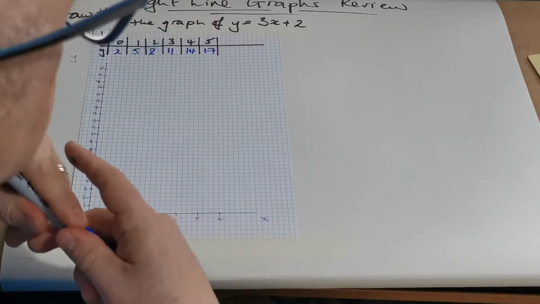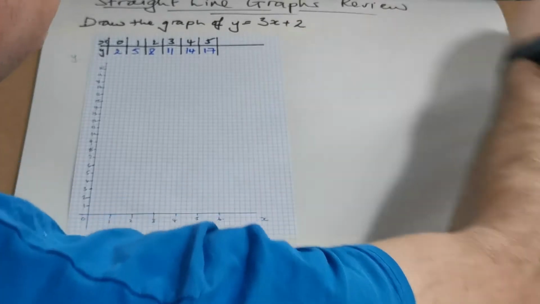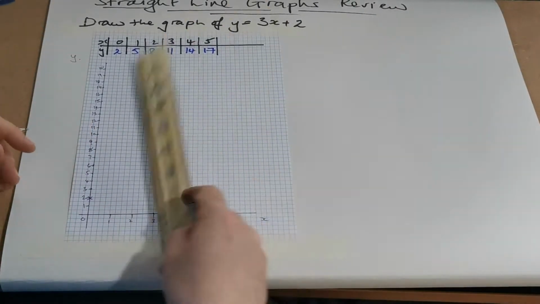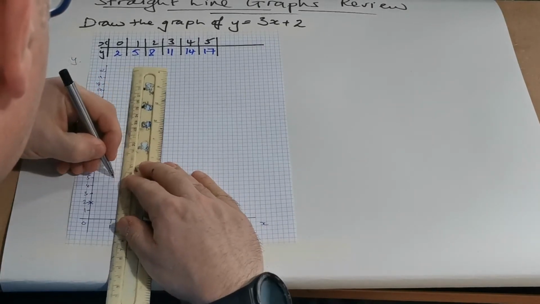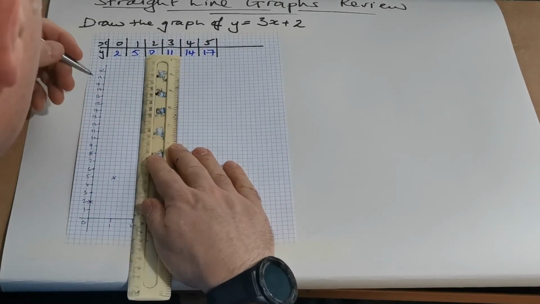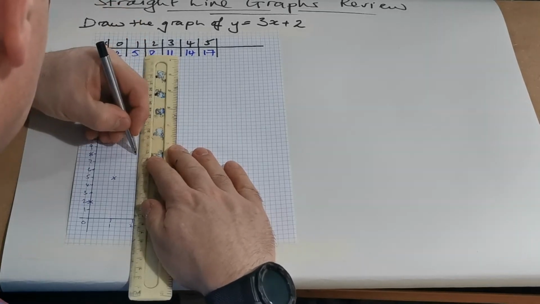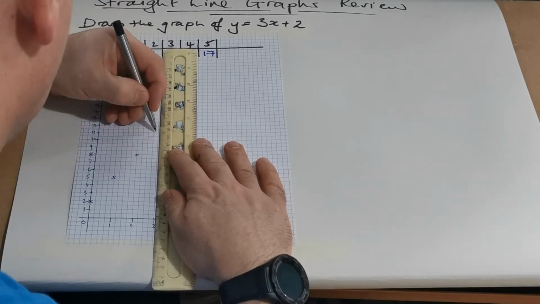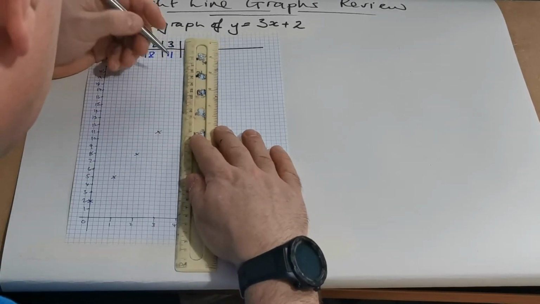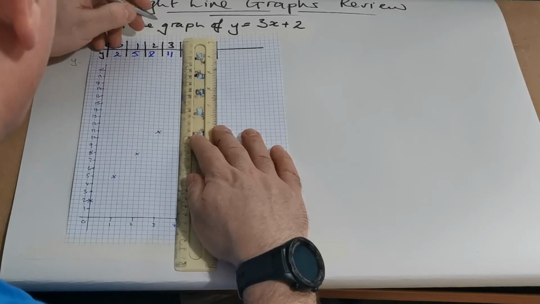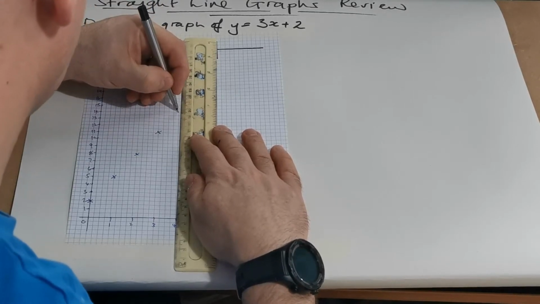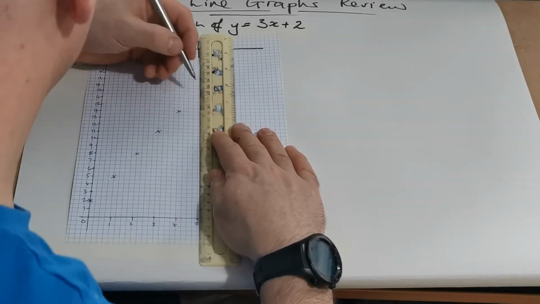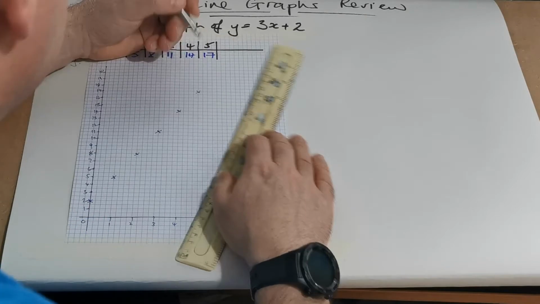Now that gives me a series of coordinates which I'm going to plot. So I've got 0, 2 is there. 1, 5 is there. 2, 8 is there. 3, 11 is there. 4, 14 is there, and 5, 17 is there.